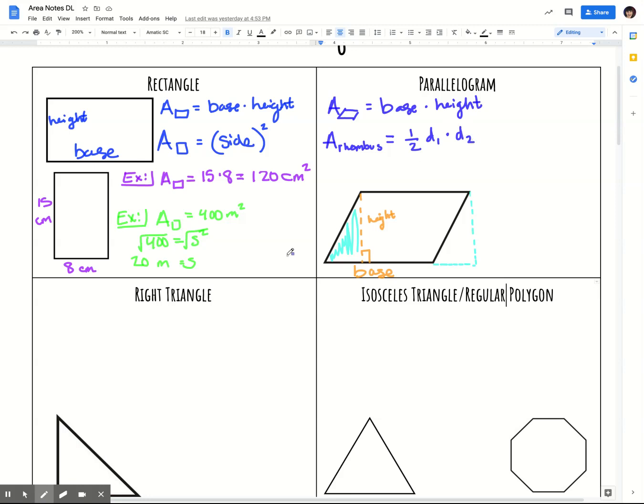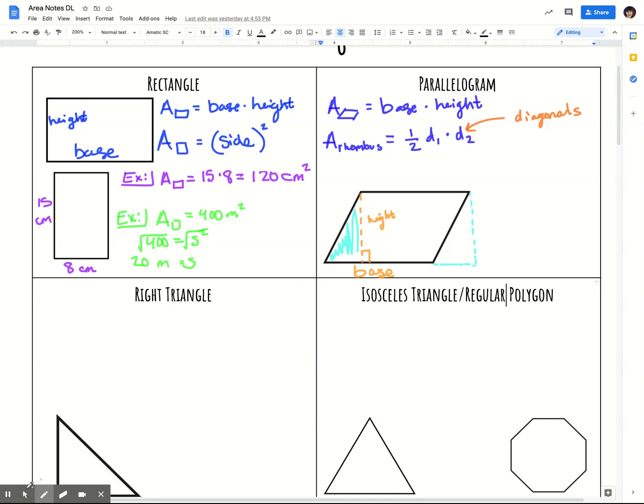You may be wondering, what does the d stand for? d is your diagonals. If you know the length of both diagonals in a rhombus, then you can multiply the diagonals together and cut that value in half, and that will give you the area of that rhombus.